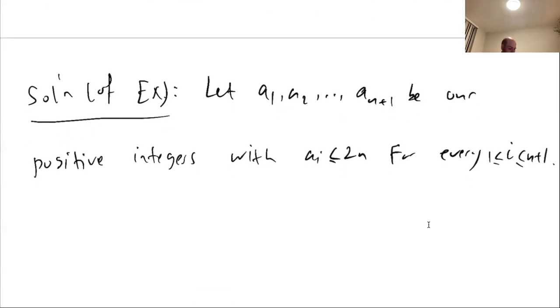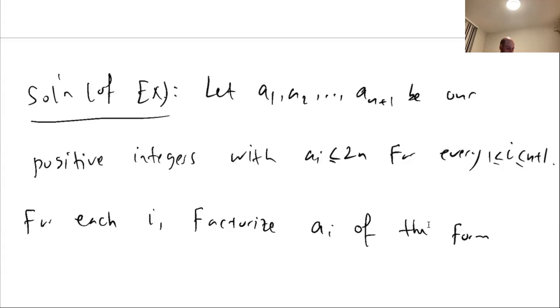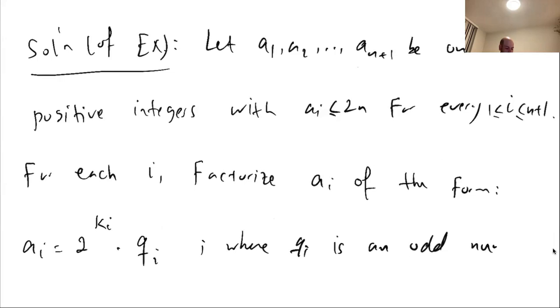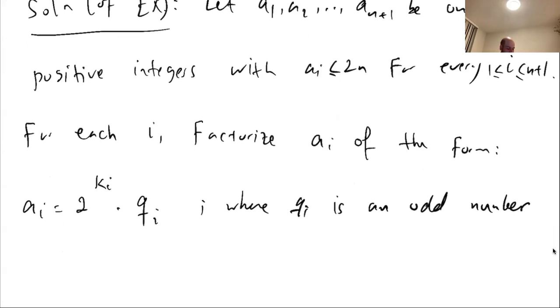Now, for each i, factorize ai in the form ai equals 2 to the power ki times qi, where qi is an odd number not exceeding 2n.